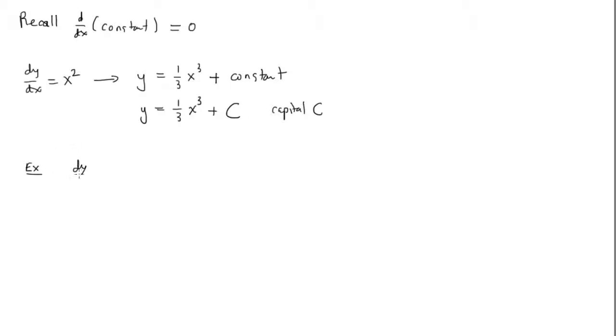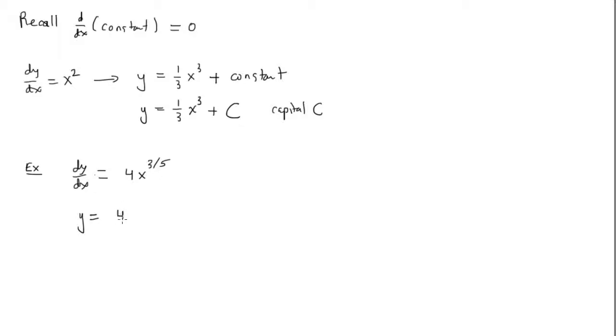So in this case, let's say that my function is 4x to the 3/5. Okay, now again, let's remember what we're trying to do here. We're trying to undo the operation of differentiation, and in a way then what we're doing is finding antiderivatives. Okay, so it's the opposite of derivatives. So if I wanted to take the derivative of this, I'd multiply by the 3/5 and then I'd take one away from the 3/5.